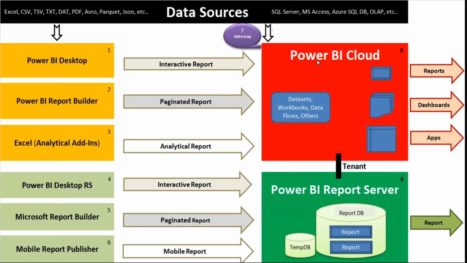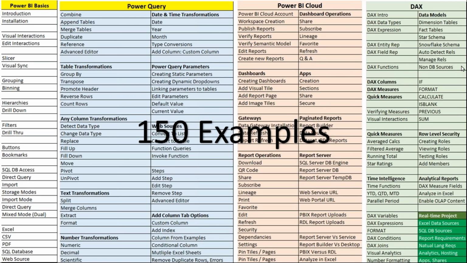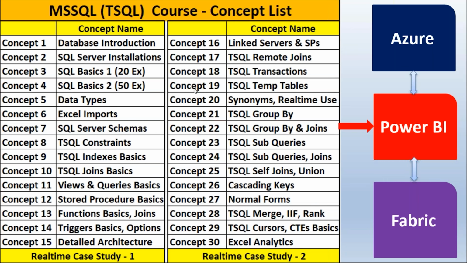In our classes, we need to learn all these 1 through 9, total 9 items. We need to learn them carefully. So keeping in mind the length and the depth of our easy, useful classes, my kind request, revise MS SQL concepts, especially concept 1 to 15.